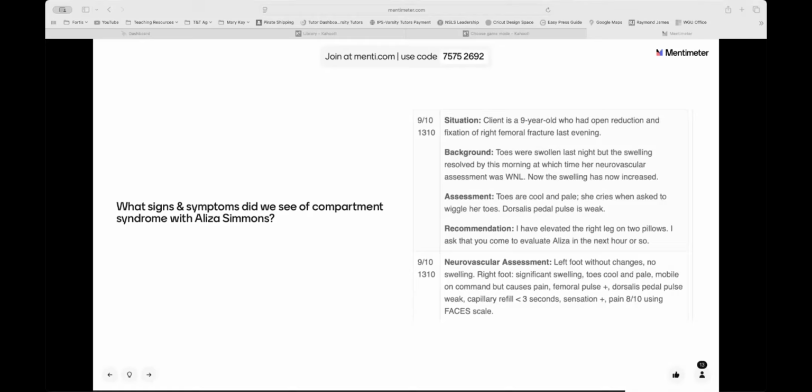Weak pedal pulses. Yep. We've got skin discoloration. Pain, swelling. Pain with movement, especially; we should be able to move without pain. Those are all going to be signs of compartment syndrome.